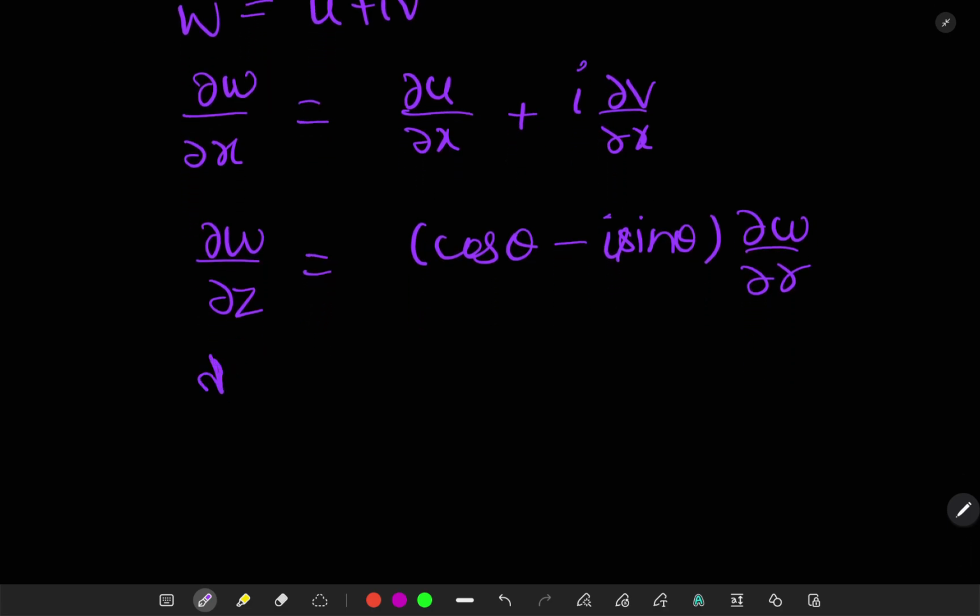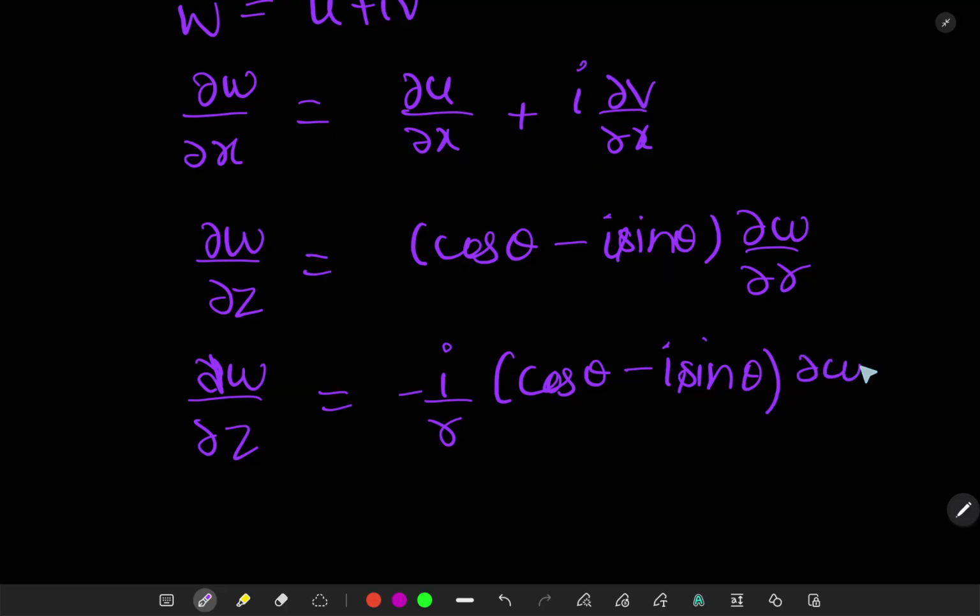Here if we differentiate del w over del z, we also get this value del w over del theta. There are two forms of del w over del z.